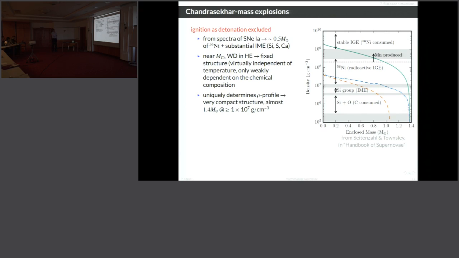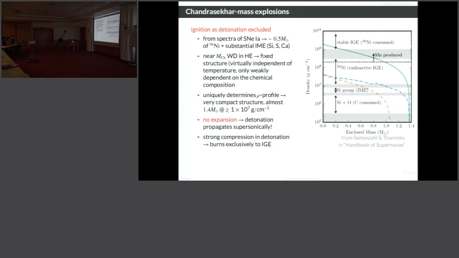And above that density, a detonation will turn the material into iron group elements, into nickel and stable iron. So that means if we ignite a detonation in a Chandrasekhar mass white dwarf at hydrostatic equilibrium, it will burn the entire white dwarf, or almost the entire white dwarf, to iron. And this is inconsistent with the observations.